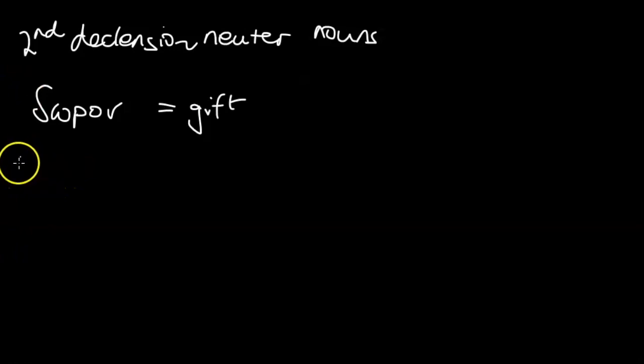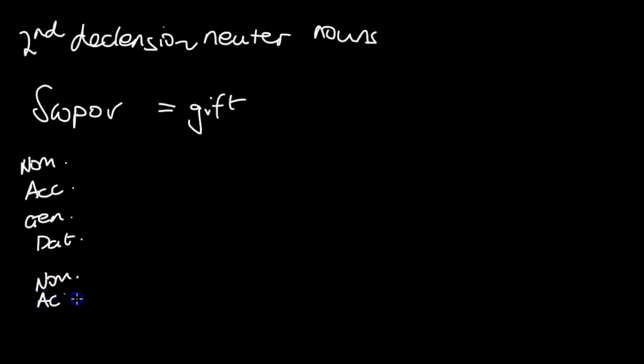And it goes like so. Let me just write out the different cases. Nominative, accusative. Here are the different cases. So this is neuter, it's all going to be the same gender.